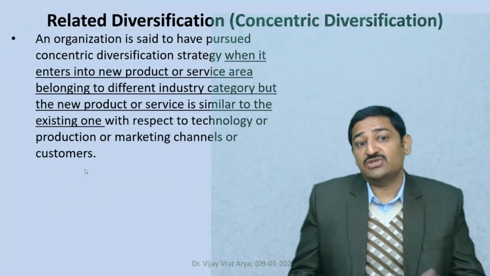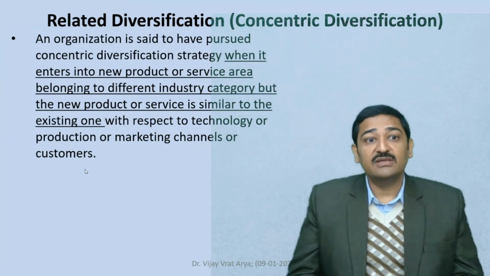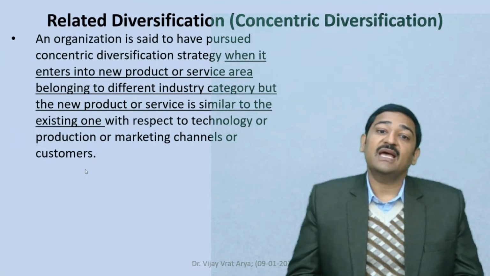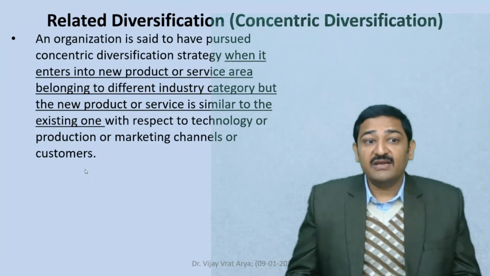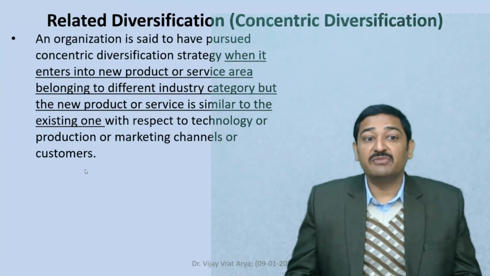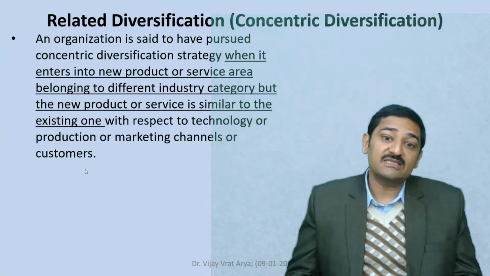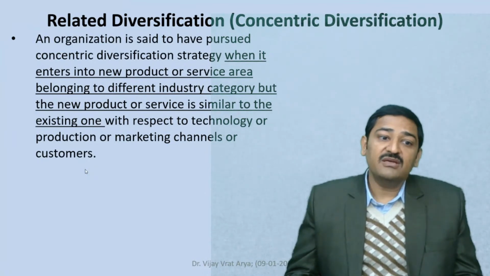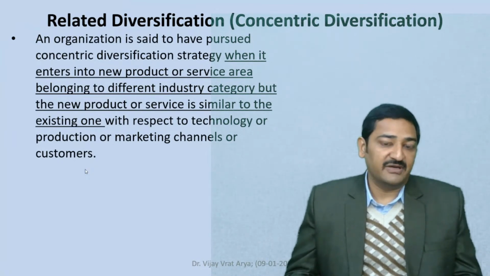Now we need to understand each one of these two types of diversification. First we will discuss related diversification. An organization is said to have pursued a concentric diversification strategy when it enters into a new product or service area belonging to a different industry category, but the new product or service is similar to the existing one with respect to technology, production, marketing channels, or customers.